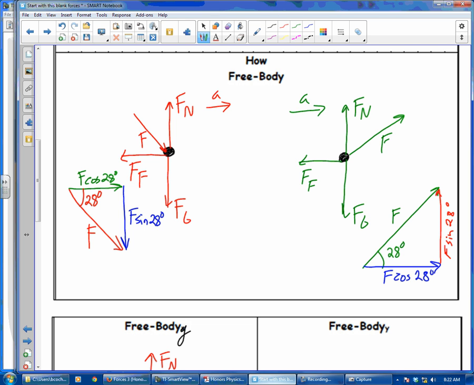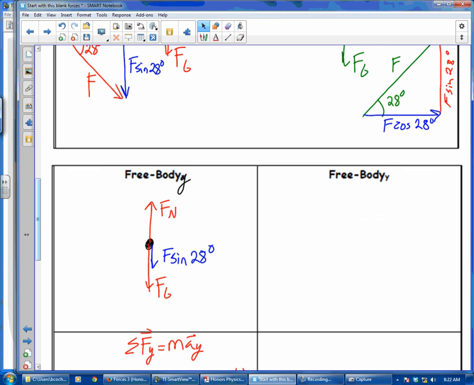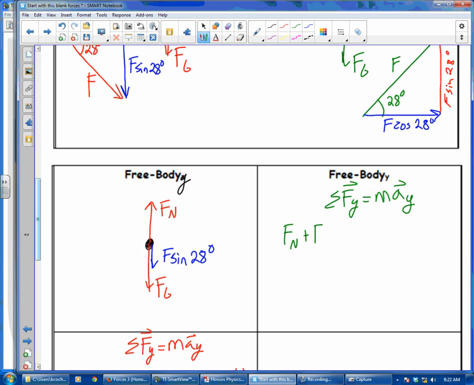Again, because I'm interested in normal force, I'm going to try to stick just to the y so I don't have to worry about it quite as much. I don't have to do the x. I'm going to sum forces in the y. M-A-Y. And I have normal force plus F sine 28 degrees minus Fg equals M times 0.